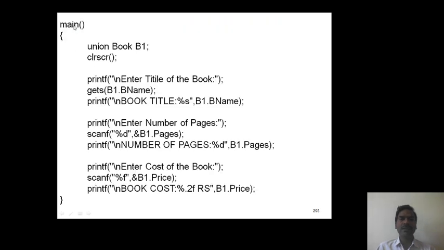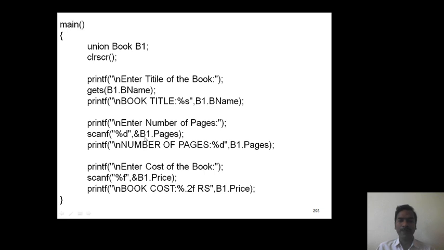Now based on this, in the main program, union book b1. First we read input as the title of the book, using gets of b1 dot bname. Immediately we print the book detail value. Here we are printing the book title. Next member, enter number of pages.